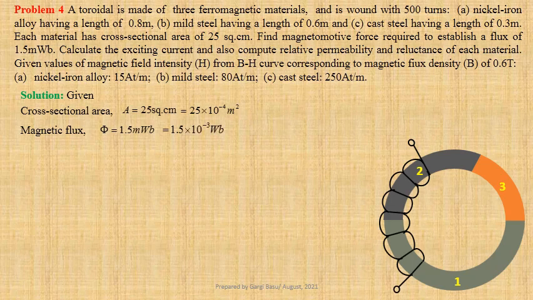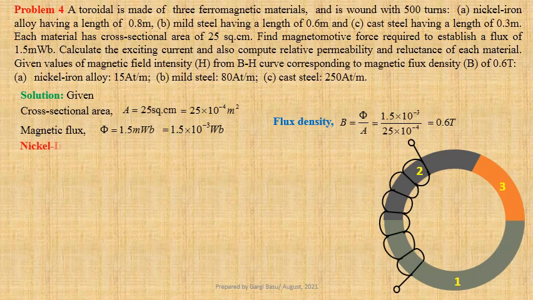Let us first calculate flux density. B equals phi divided by A. Using values we get 1.5 into 10 to the power minus 3 divided by 25 into 10 to the power minus 4. That gives us 0.6 Tesla.